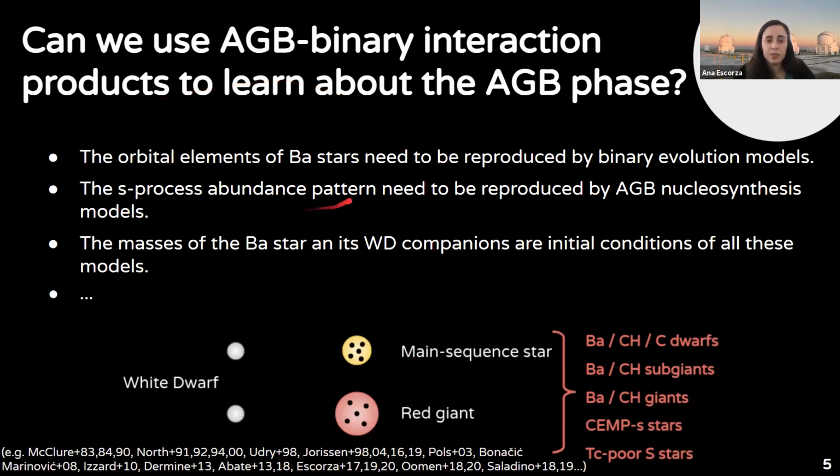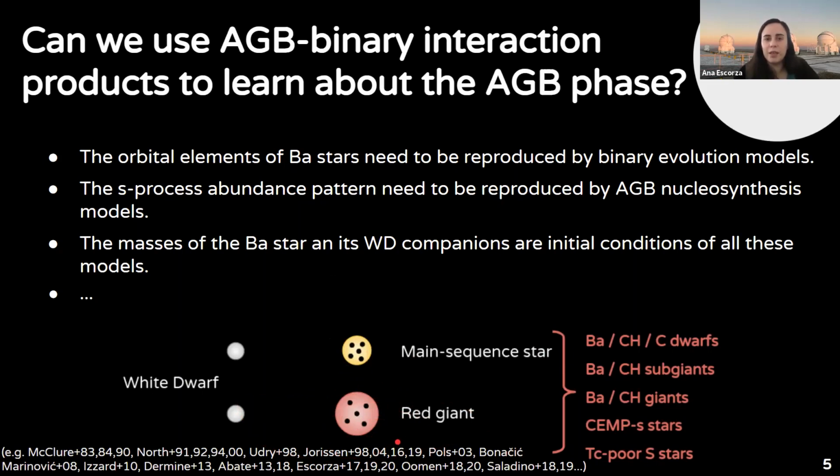Additionally, the s-process abundance pattern on these stars, so the abundances of these stars, which are less difficult to measure than in the case of AGB stars, need to be reproduced or at least approximated by AGB nucleosynthesis models, because it was made by an AGB star, right? So it can also help us constrain other effects, like, for example, dilution when the mass transfer happens, but the abundances are there and are still visible in the red giant phase.